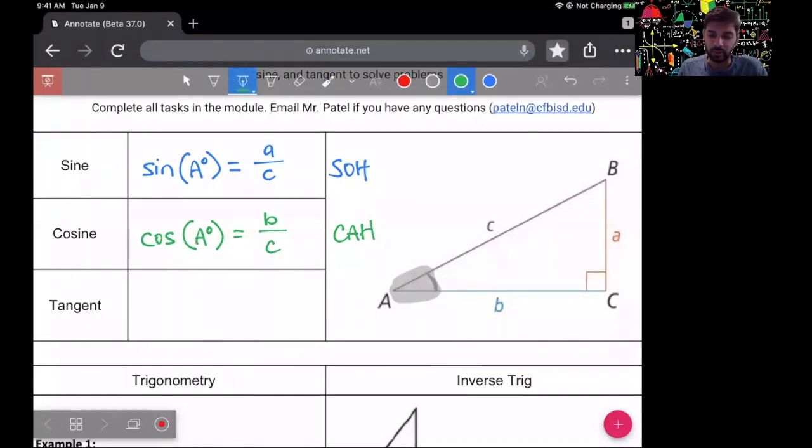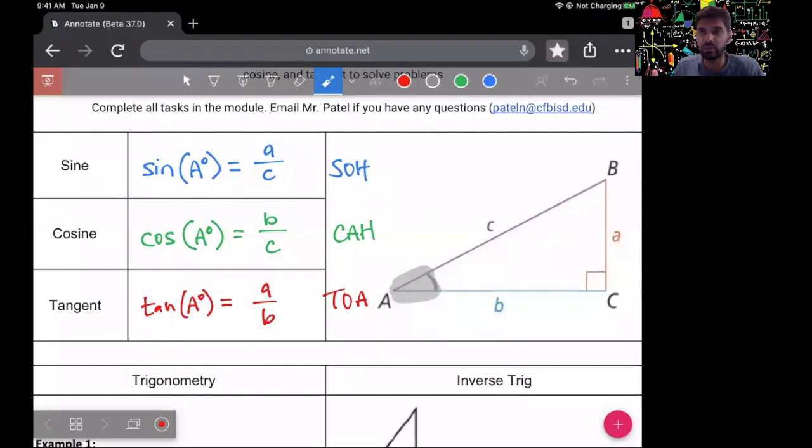And then the last one is tangent, and we use the letters TOA, T-O-A. Tangent of A is equal to opposite over adjacent. So opposite of angle A over adjacent, which is B, so A over B. All right, so each of these is a fraction.